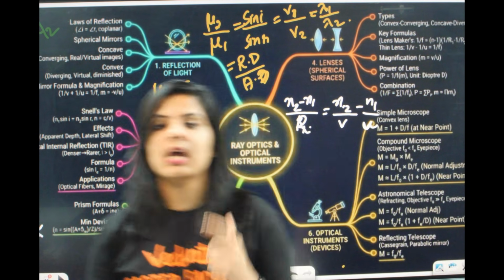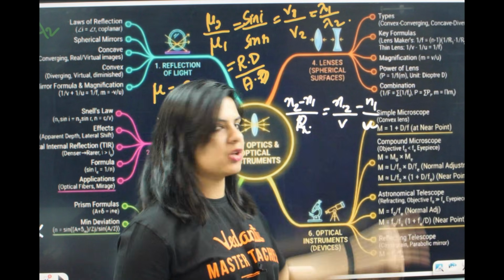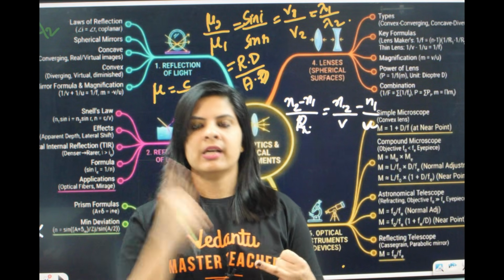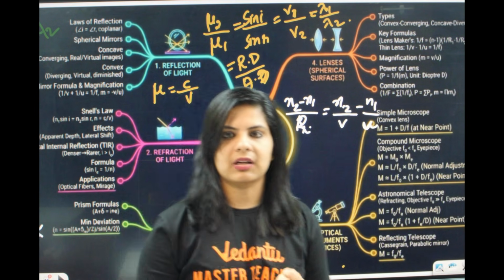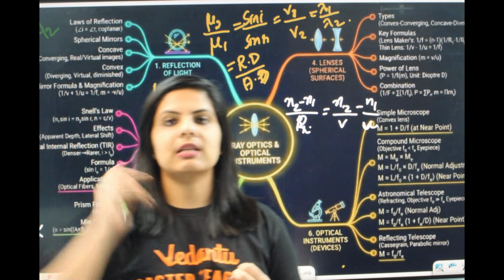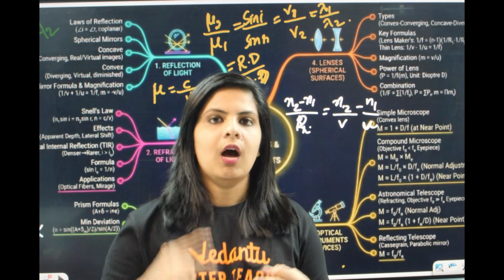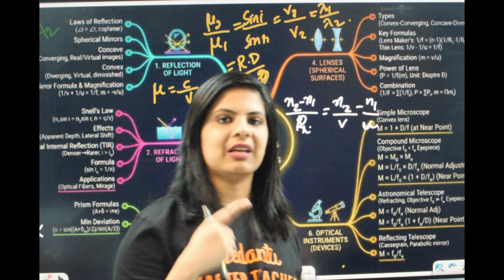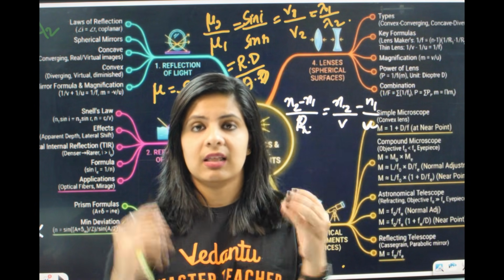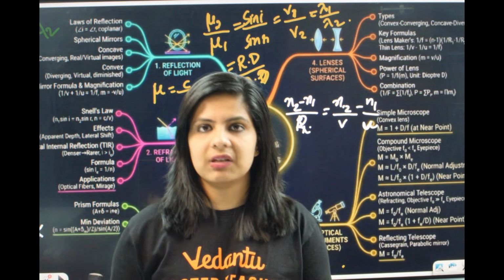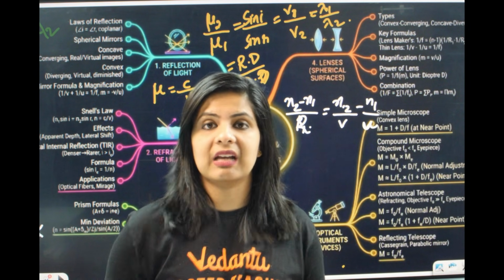That is the process. So in whatever we have mentioned, either it is lens maker's formula, the refractive index of the spherical surface, the prism formula, and these optical instruments, whatever be the cases, whenever you're going for the derivation, without the diagram you won't be getting a single mark.